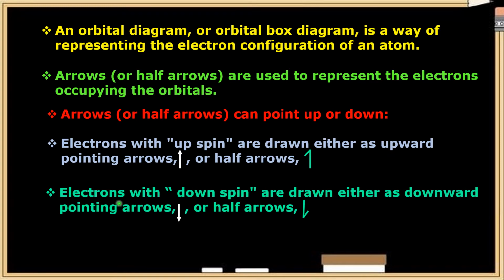Next, electrons with down spin, that is counterclockwise spin or anti-clockwise spin, are drawn either as downward pointing arrows like this or half arrows like this. So we use these arrows to represent electrons occupying the orbitals, isn't it?